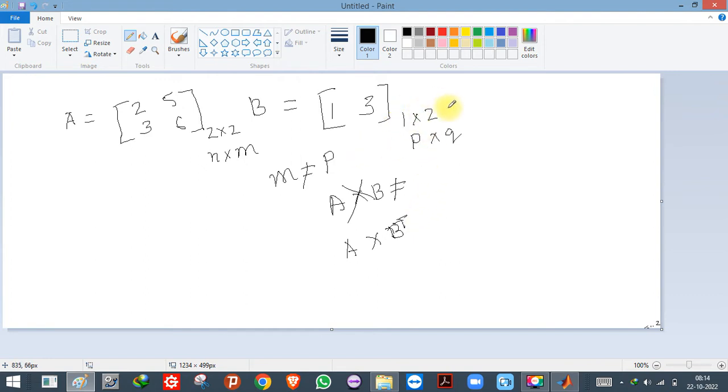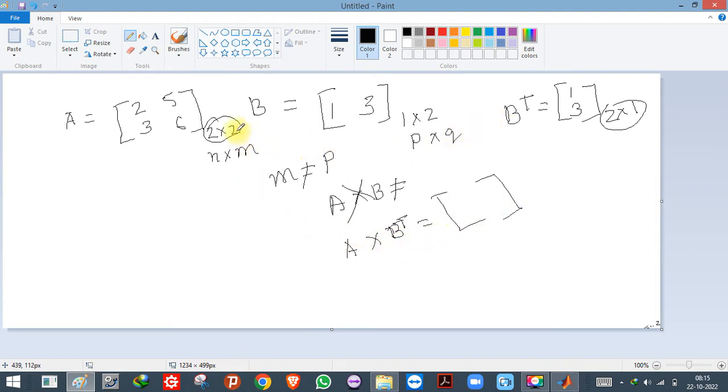Now how? B transpose will be, row will become column, 1, 3, isn't it? It will become 2 by 1. Now B transpose has a size 2 by 1 and A has a size of 2 by 2. So now what will be the size of A into B transpose?